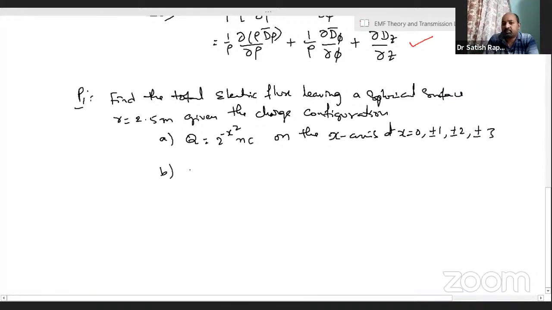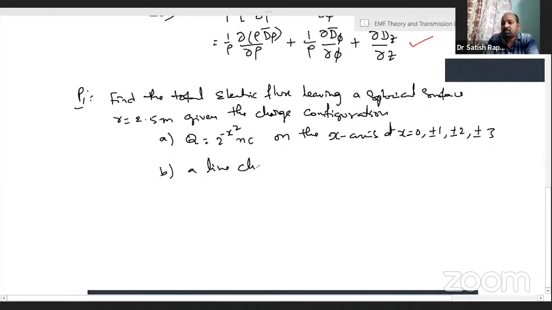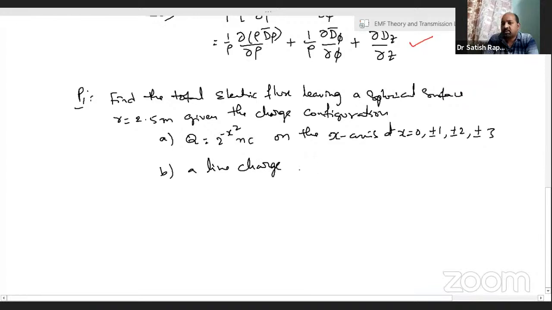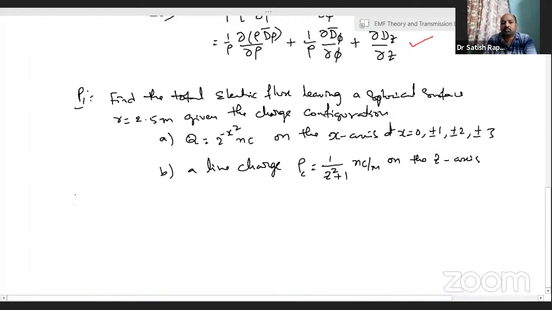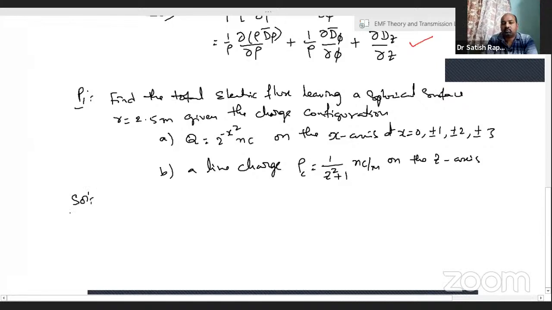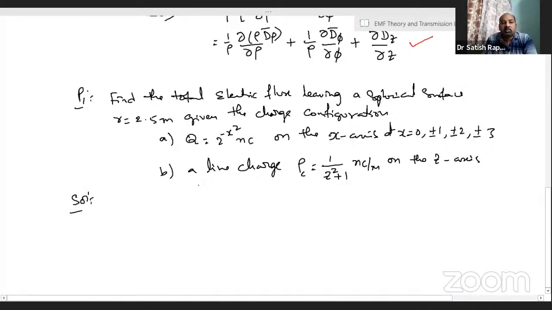Part B: there will be a line charge rho L is equal to 1 by z square plus 9 coulomb per meter on the z-axis, right? So this is the problem.